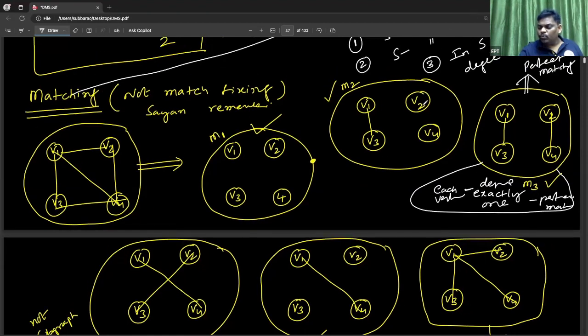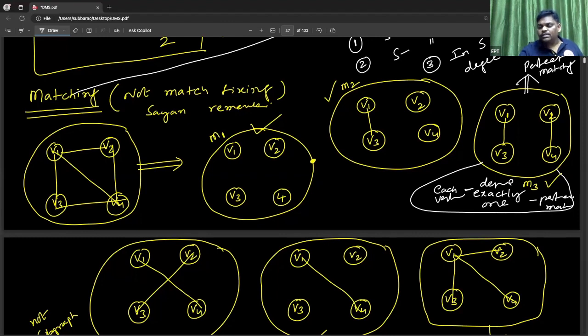I'm repeating once again: in M2, without violating the matching property, can I add one more edge?